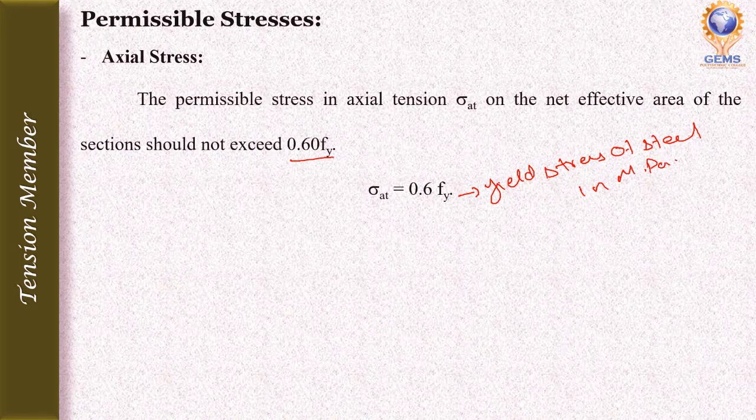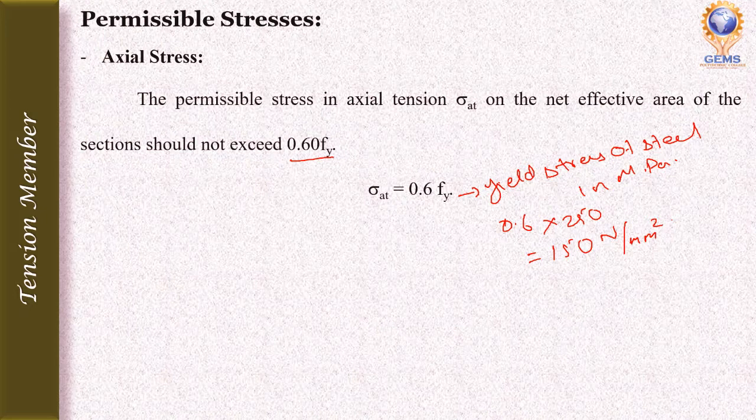So if you are using 250 MPa steel, its yield stress will be 250. So 0.6 into 250, you will get 150 Newton per mm square as the permissible stress in axial tension.